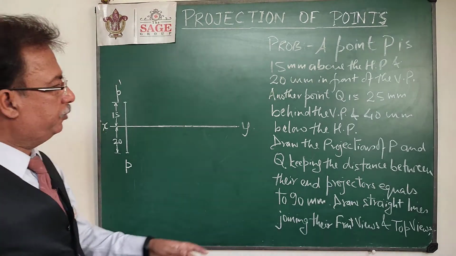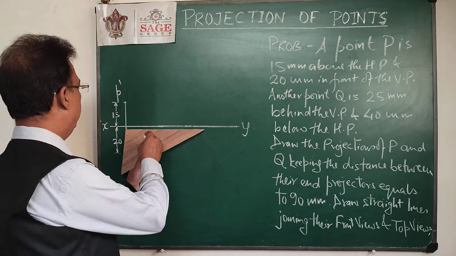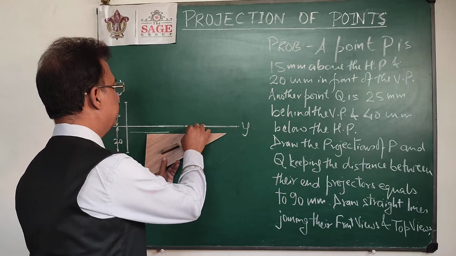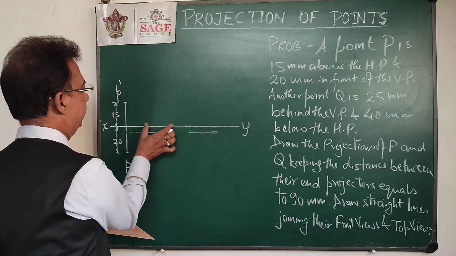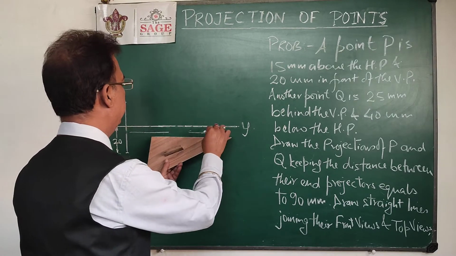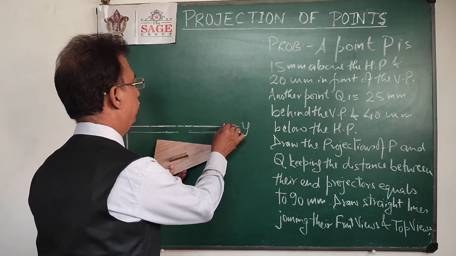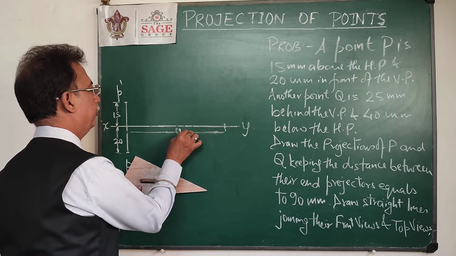After that, as they told us that the distance between the end projectors will be 90 mm, from this point I will shift 90 mm towards the right, and after 90 mm we will get the projector of the other point.